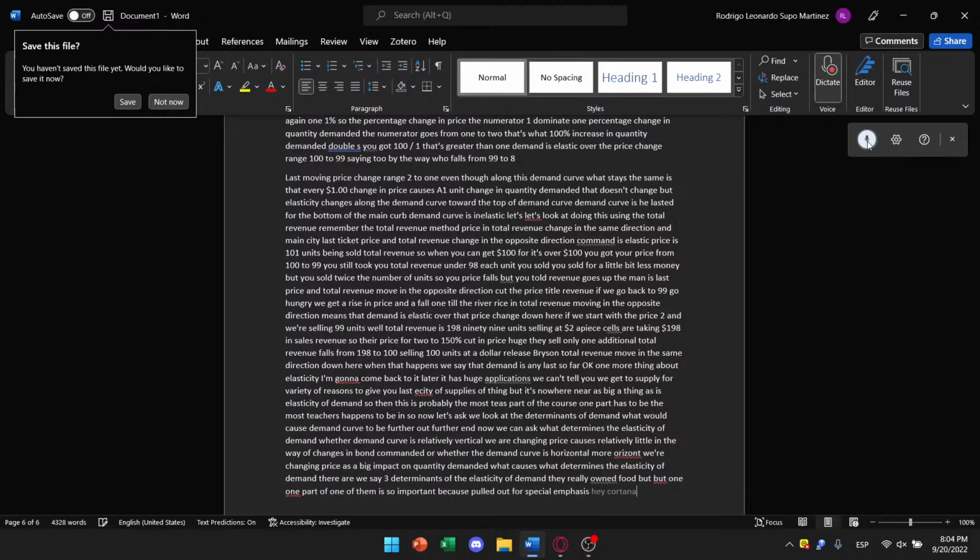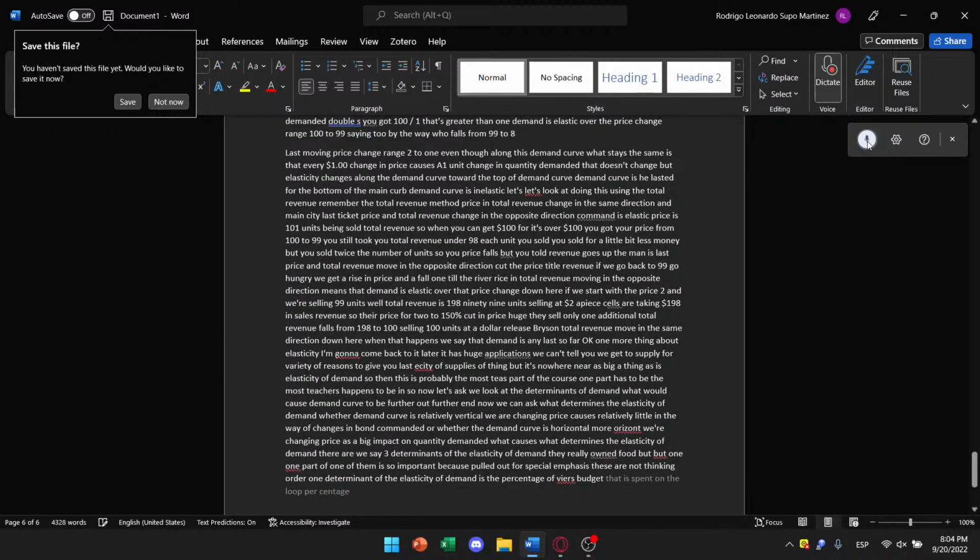These are in no particular order, but one determinant of the elasticity of demand is the percentage of a buyer's budget that is spent on the good. A buyer's budget, I'm talking about one person, that is spent on the good. The rule is the following, and I'll give you some examples.